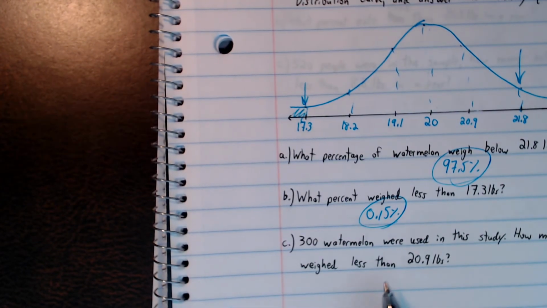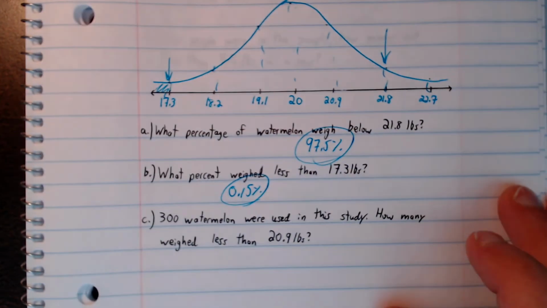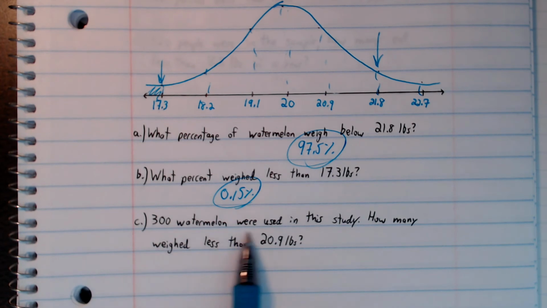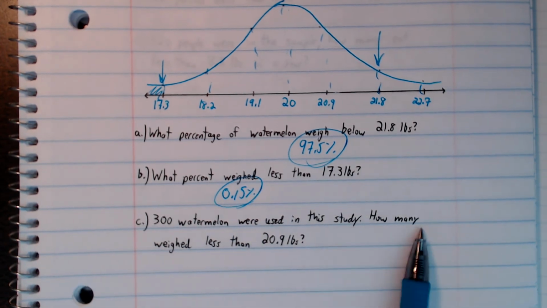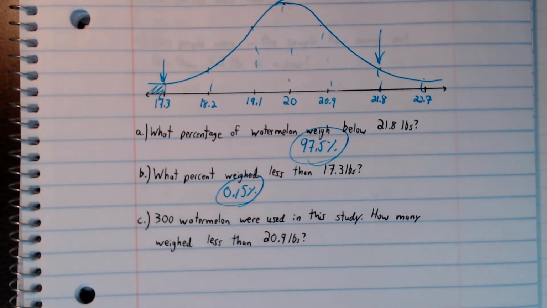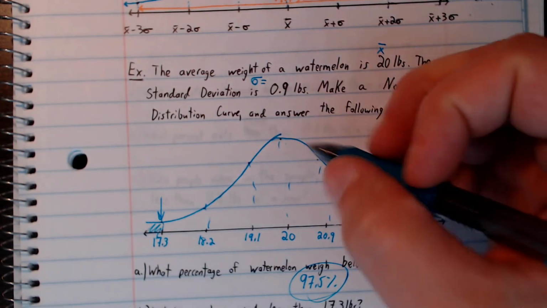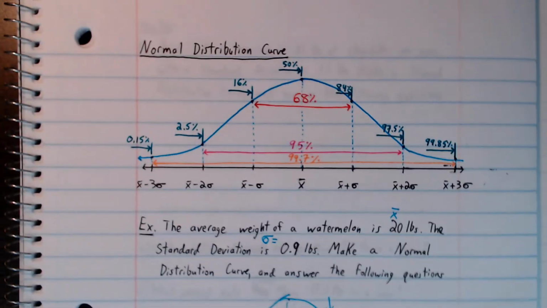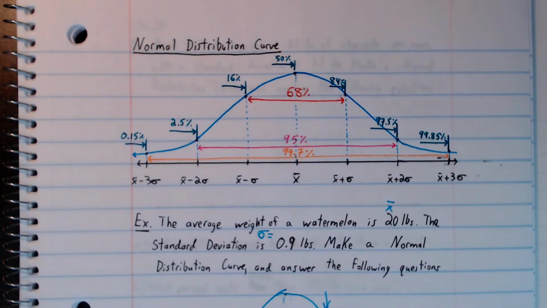Now, working with these percentages, if we know amounts, right? They tell us that there are 300 watermelons that were used in this survey, how many weighed less than 20.9? So we can actually get the number of watermelons. So 20.9 is right here. It matches with 84%.